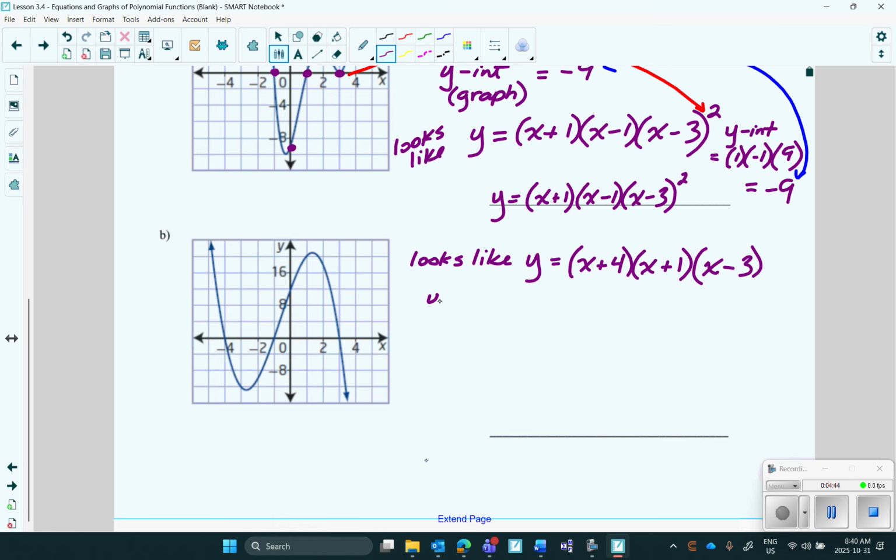From the graph, what is the y-intercept? 12, because it goes up by fours.